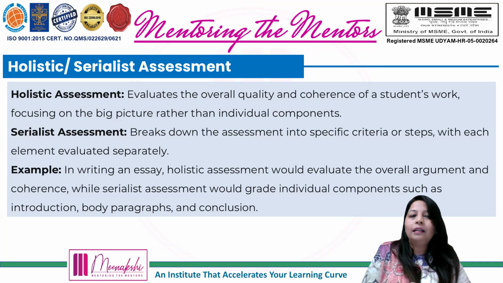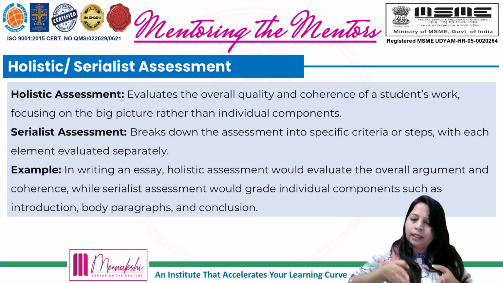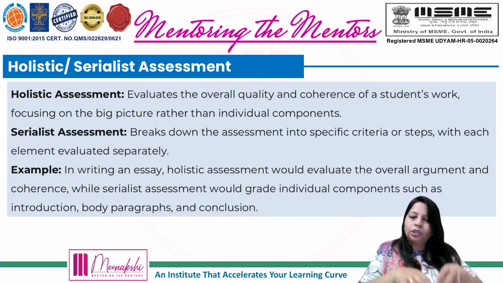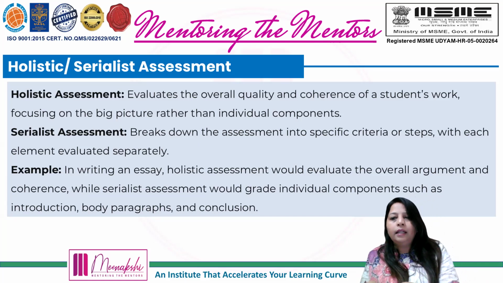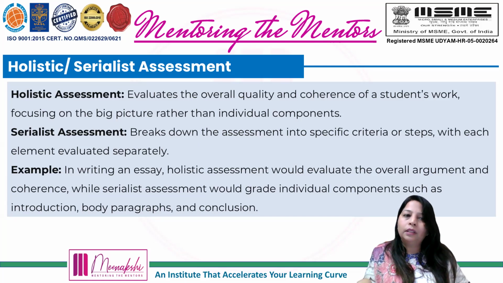And if we talk about serialistic assessment, it breaks down the assessment into specific concepts, criteria, steps, with each element evaluated separately, right? We check whether the child has remembered to this extent, how the child is using this in daily life, which area of this particular concept is being used in the daily life.